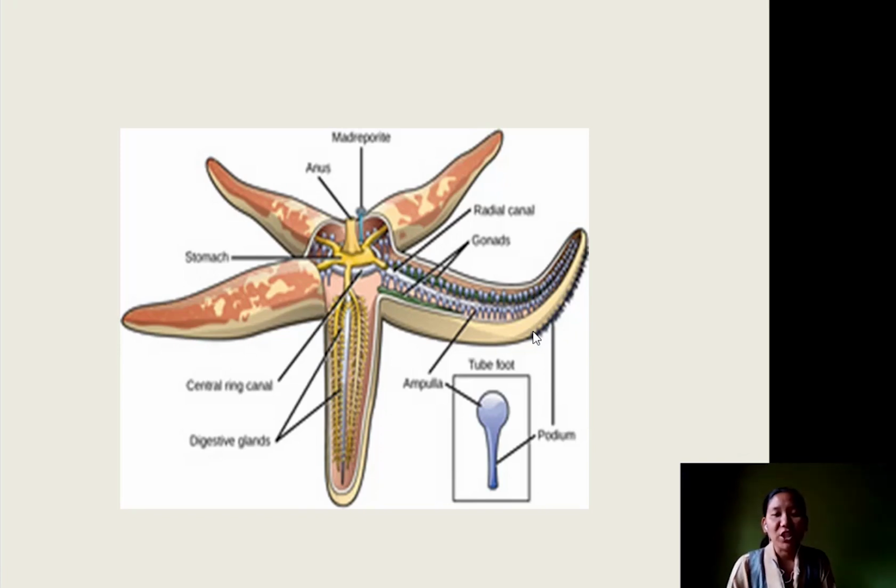These organisms are triploblastic, coelomate, and they have a complete digestive or alimentary canal, having separate openings for entry and exit. Here you can see the anus towards the upper side, and the mouth towards the lower side.